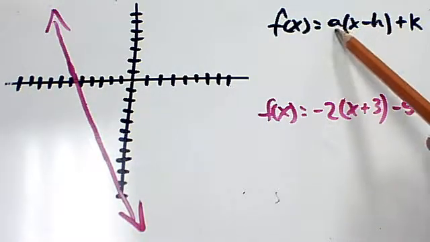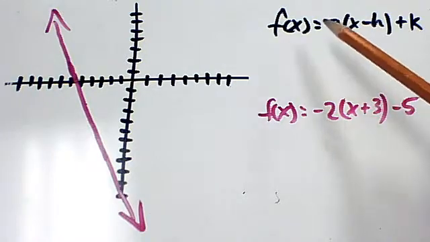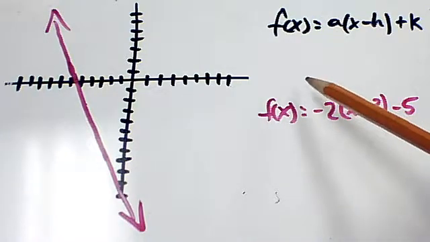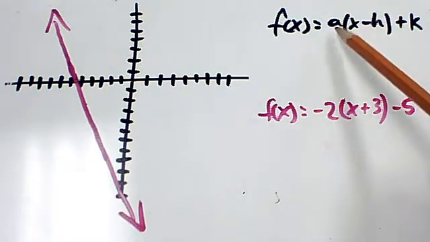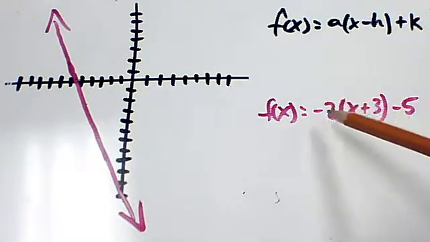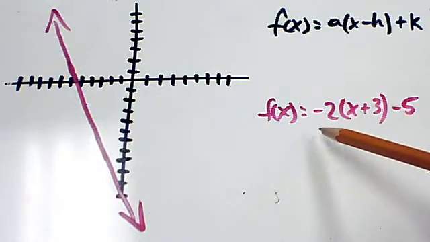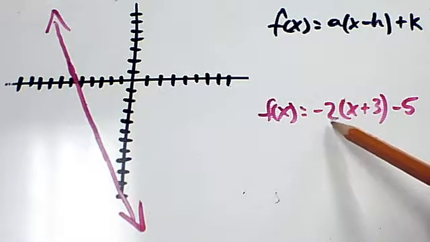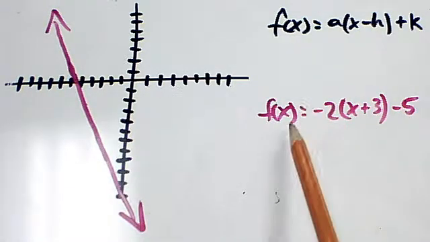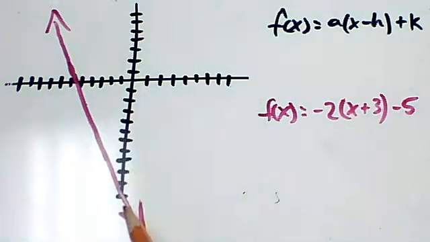When you multiply it by an a, it either stretched vertically, shrunk vertically, or reflected over the x-axis. So we're going to actually see multiple transformations happen in this function right here. Now I've written it out and I've also graphed it.